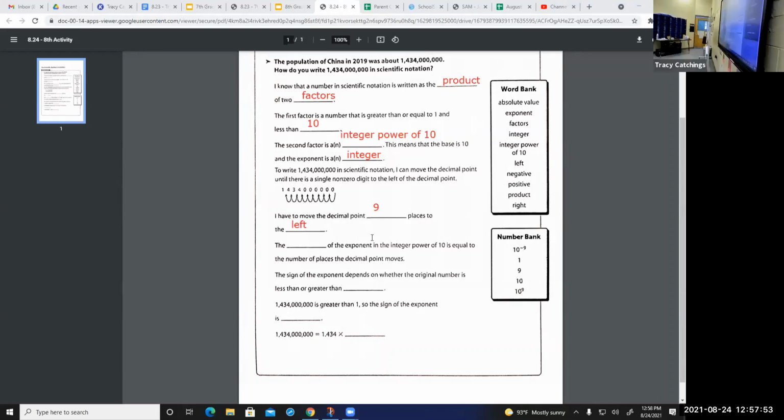It then says the blank of the exponent in the integer power of 10 is equal to the number of places the decimal point moved. So what of that exponent? All right, think about it. If we have 10 to the negative 5th power, what is that going to tell us?